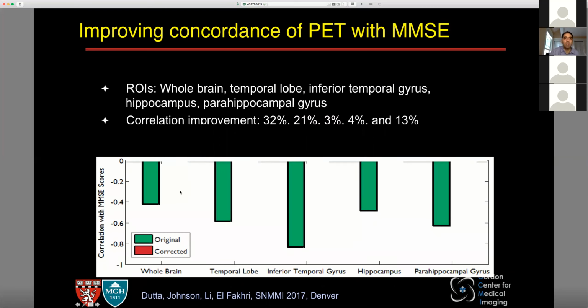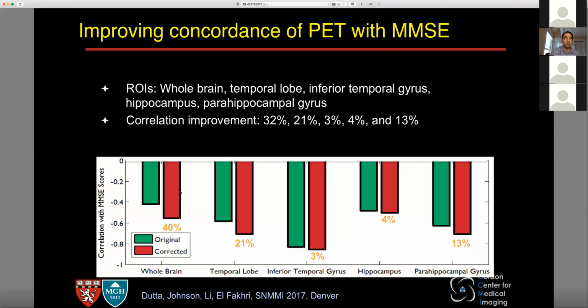When using the MR anatomical prior with a PET-MR reconstruction, that correlation goes significantly higher, by 40%, in all regions. That's very valuable because it means we are getting a better clinical diagnosis using those images than what we had without.